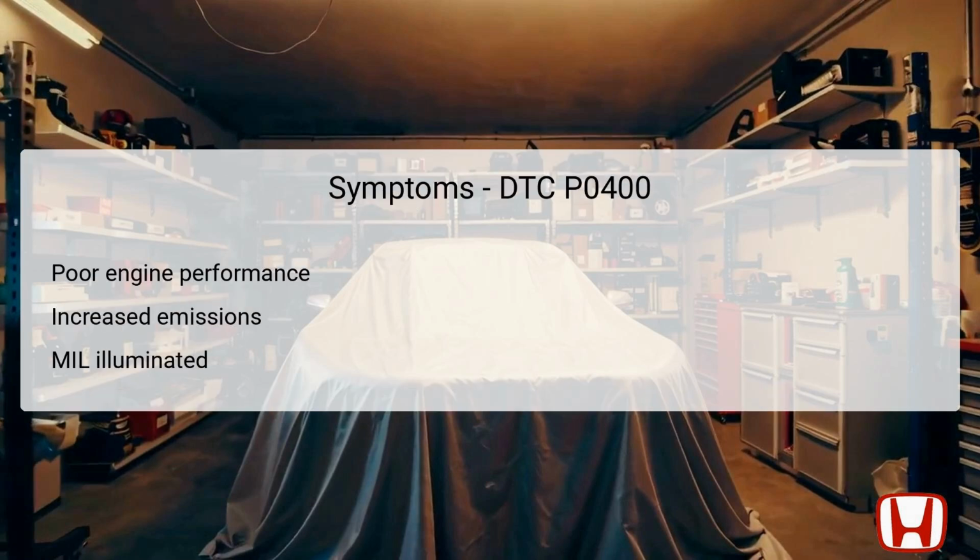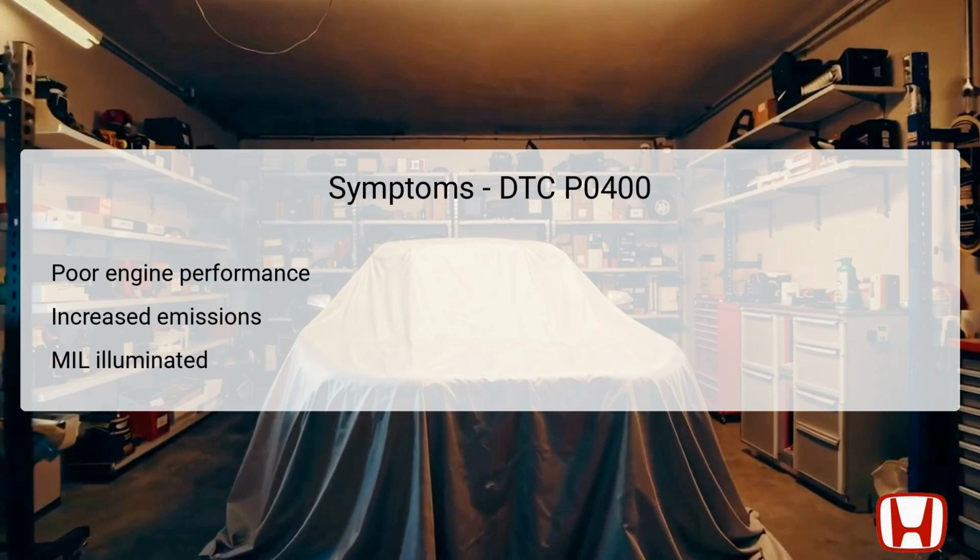When assessing DTC P0400, several symptoms may present themselves in the vehicle's operation. A primary symptom is poor engine performance, as the failure of the EGR system can lead to an incorrect air-fuel mixture, impacting acceleration and power delivery. Additionally, drivers may notice increased emissions, as the EGR system's failure results in inefficient combustion and higher levels of nitrogen oxides being emitted.